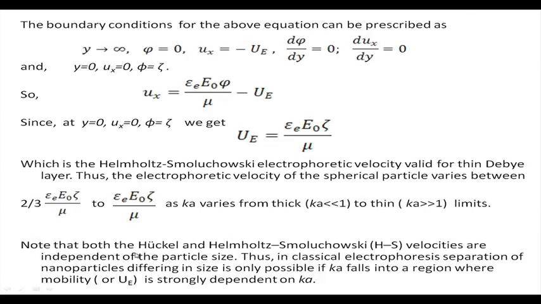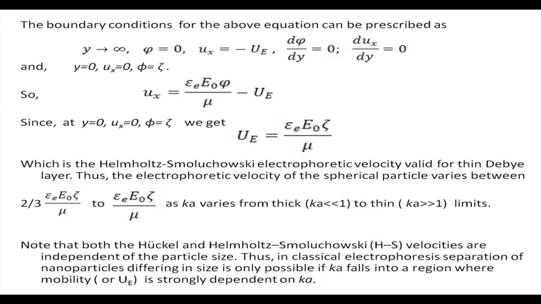And also note that both the Huckel and the Smoluchowski velocities are independent of the particle size. So, in classical electrophoretic separation, separating nanoparticles differing in size is only possible if the Debye length falls into a region where kA is of order 1.